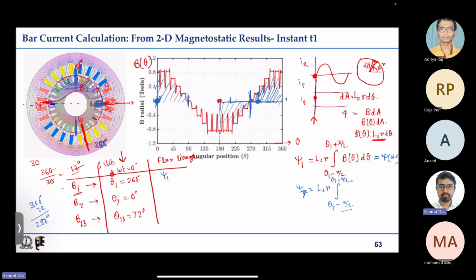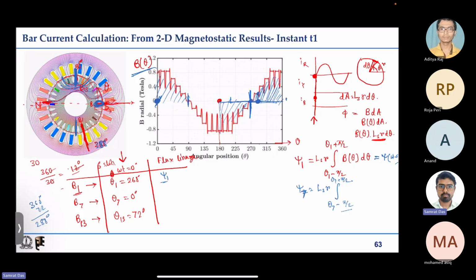So for flux linkage, what do we need to do? We actually need to calculate what is enclosing that conductor. Okay, so how to calculate flux linkage, probably I'll think and get back to it. But the final thing is you can do some integration over this b theta and get the flux linkage value for all these different instants.